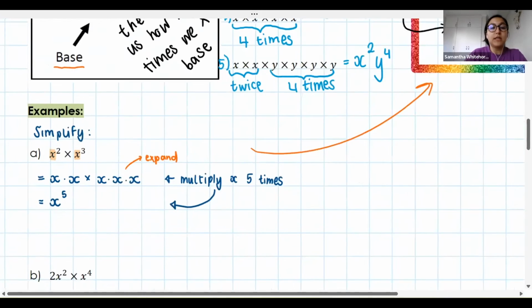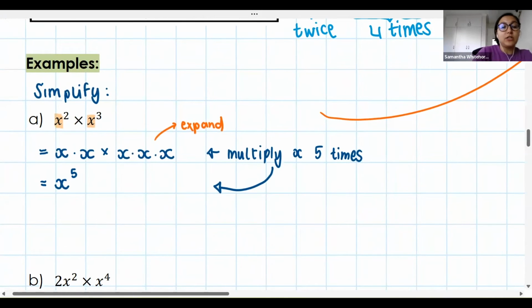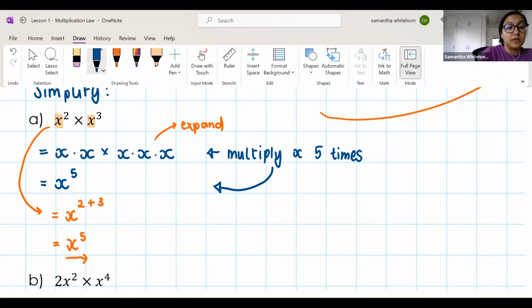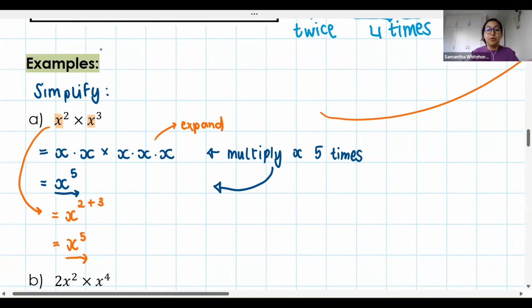Our rule tells us that all we need to do is add these exponents. So we would say x to the power 2 plus 3, and we know that 2 plus 3 is 5, so x to the power 5. You can see it gave me exactly the same answer as when I expanded. So both methods end up at the same place, but knowing your rule, knowing your law, means that you can do it much faster.